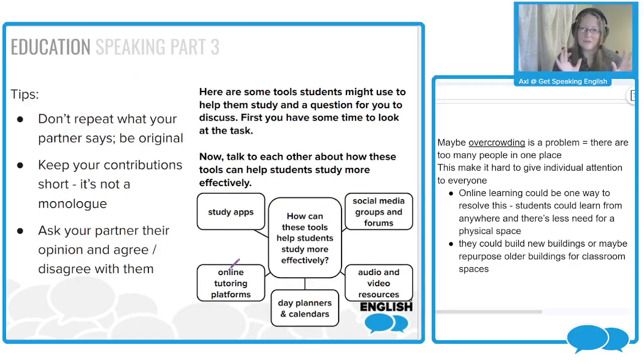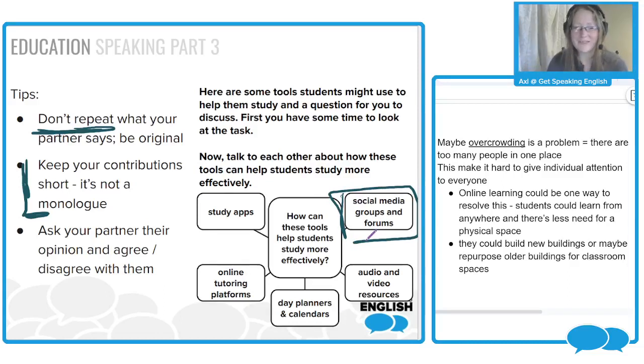So just a few general things to keep in mind. We don't want to repeat a lot of what your partner says. I mean, you could clarify, for example. That's really common to do in a conversation, but try to bring original ideas to the conversation. Also, remember that this is not a monologue. Some people might start talking about social media groups and forums.